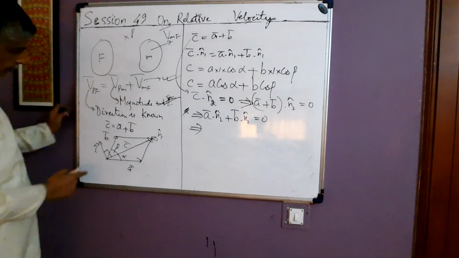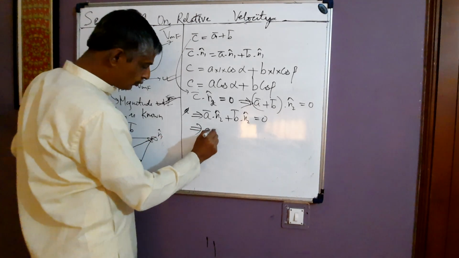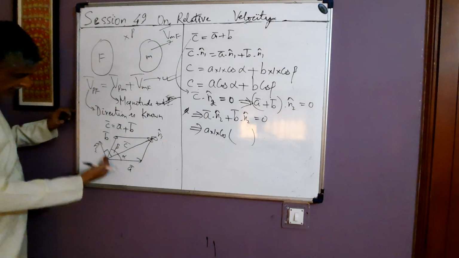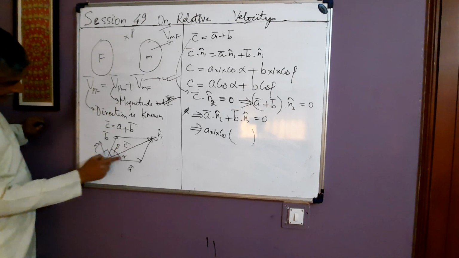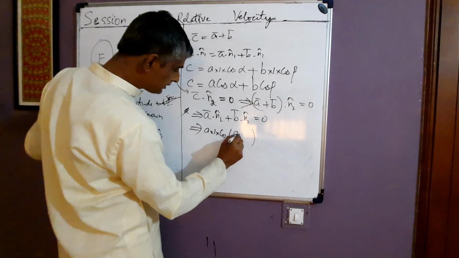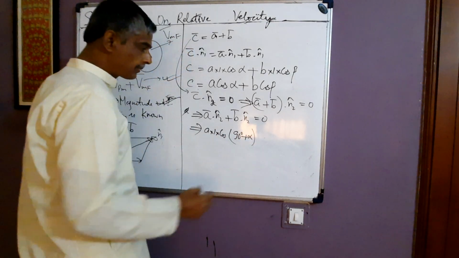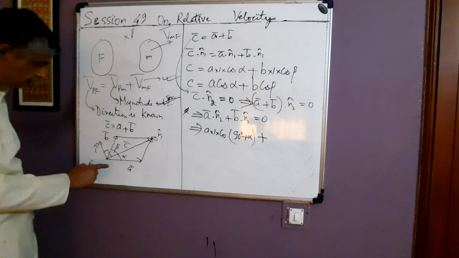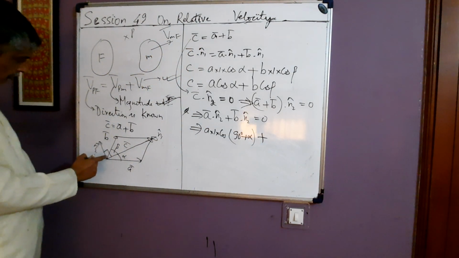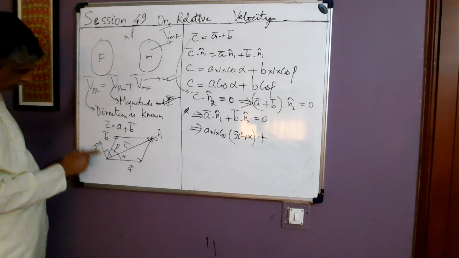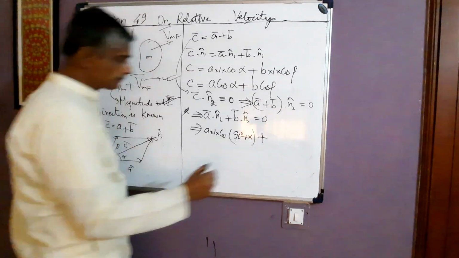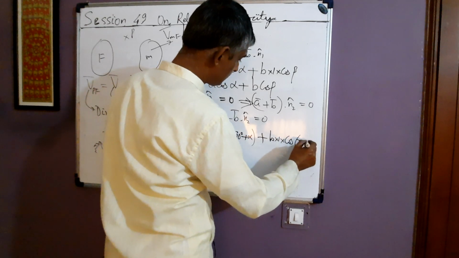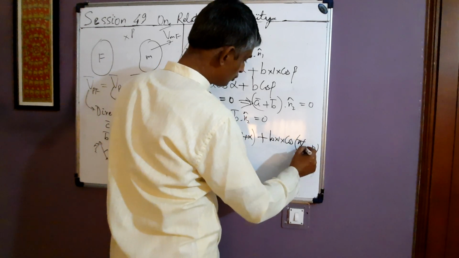Now A dot n2 hat becomes A into 1 into cos of the angle between A and n2 hat. This angle becomes 90 plus alpha. And B dot n2 hat is B into 1 into cos of pi by 2 minus beta.